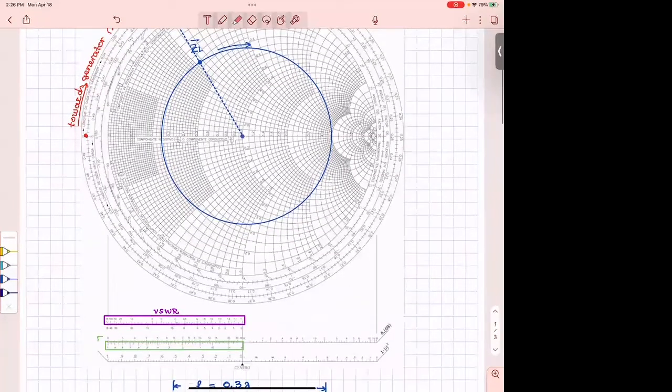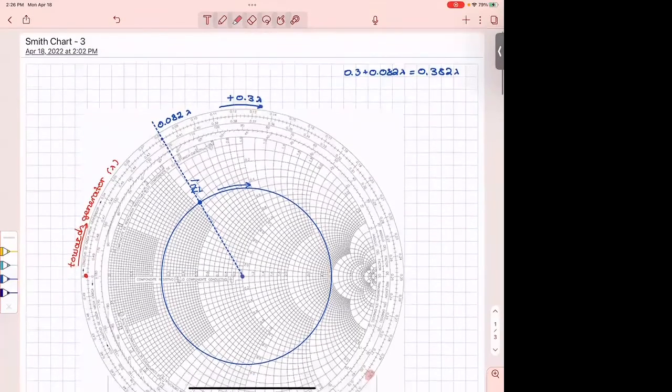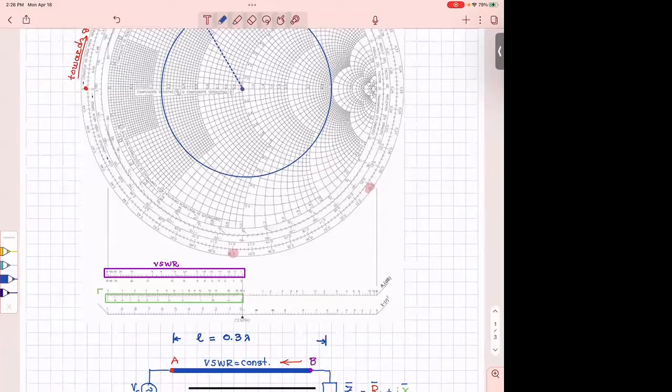So 0.3 down here, 0.38 is down here, 0.382 is exactly here. All right. So now I have to connect this point to that.